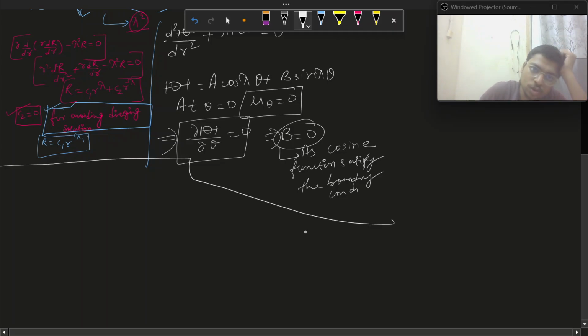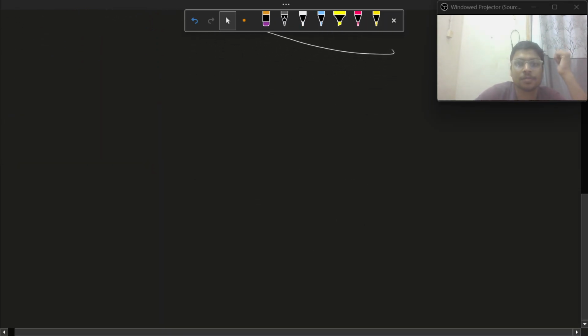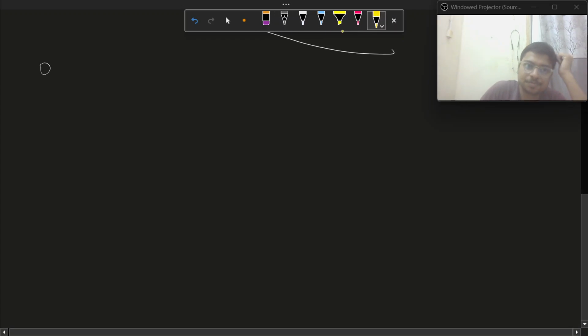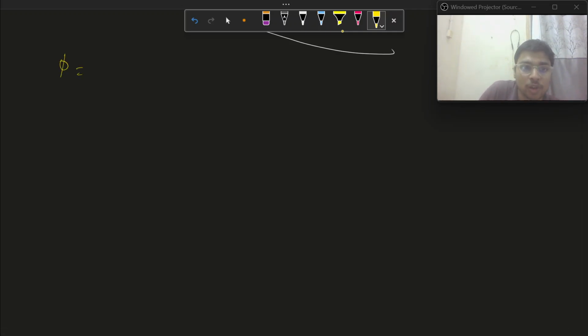We will merge the two solutions. We get φ equal to c1 r to the power λ cos λθ.